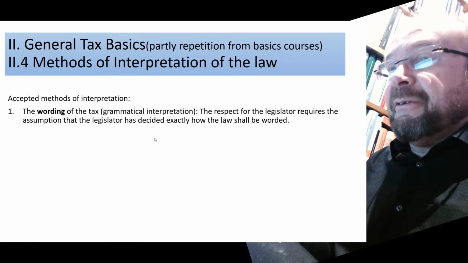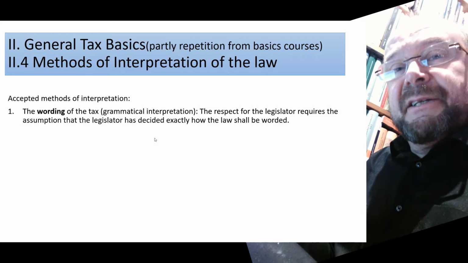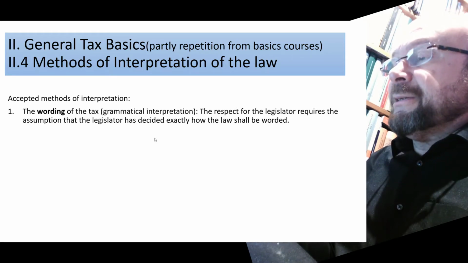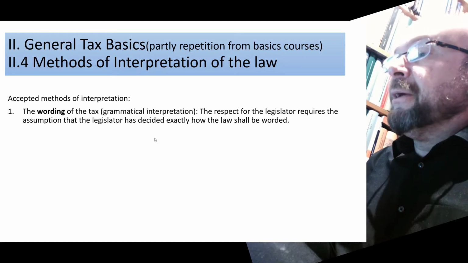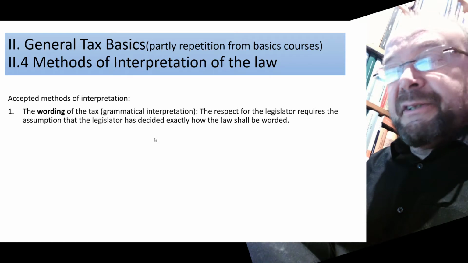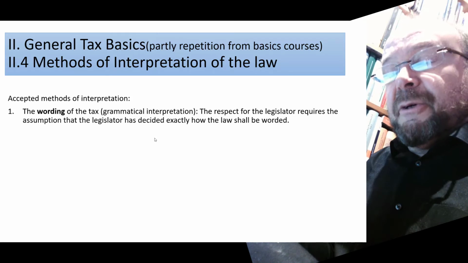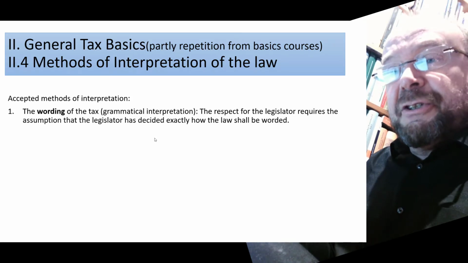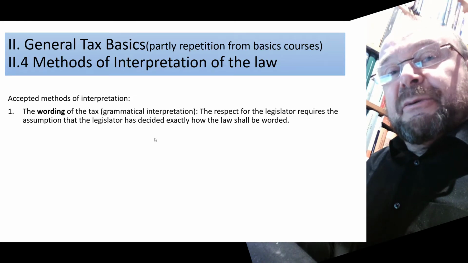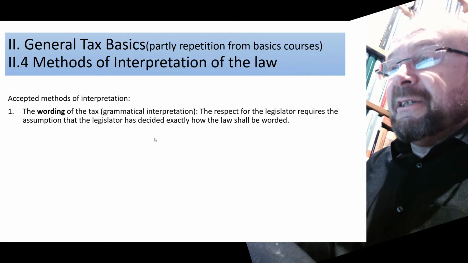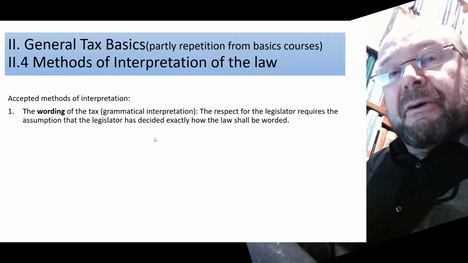For example, a very famous example in German law comes from the Income Tax Act. There at the beginning, it is said that everybody who has a residence in Germany is subjected to worldwide income taxation. Now, if the question arises if also a secondary residence is sufficient or if it must be the primary one, then people look to the exact wording. The law in Germany says if somebody has a residence in Germany, and it does not say if somebody has the residence in Germany.